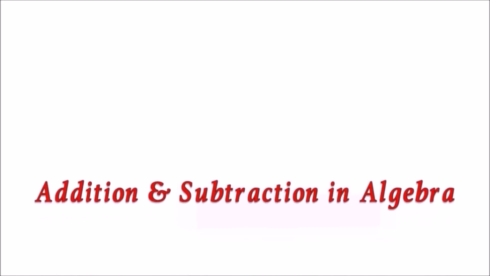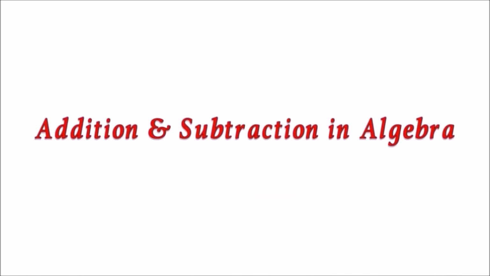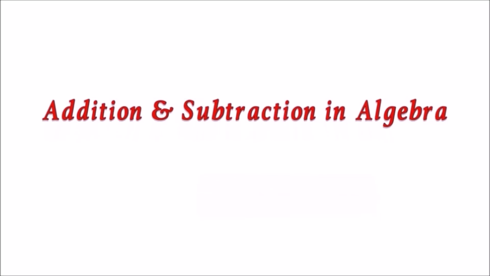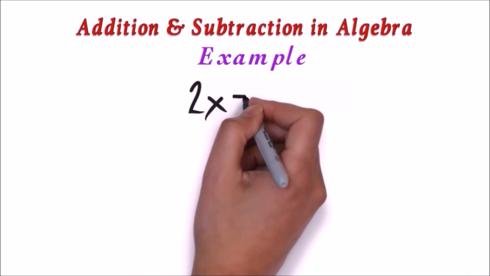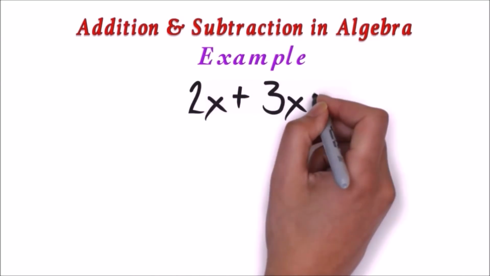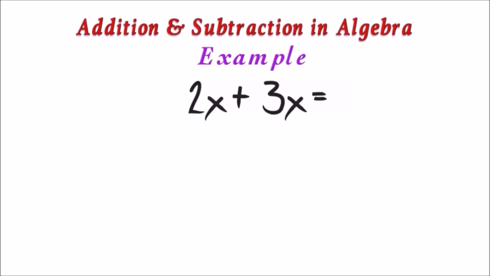Okay, so let's start. Addition and subtractions in algebra. In algebra, we can only add things if the letters and their exponents following them are exactly the same. Example, we can add 2x and 3x because they both have x following the numbers.